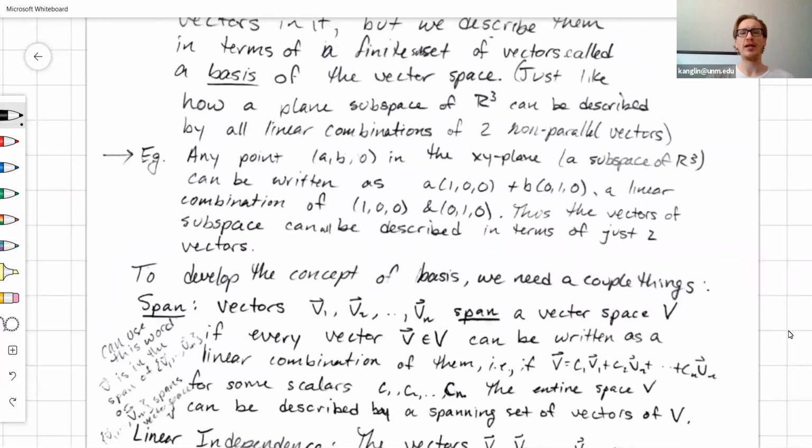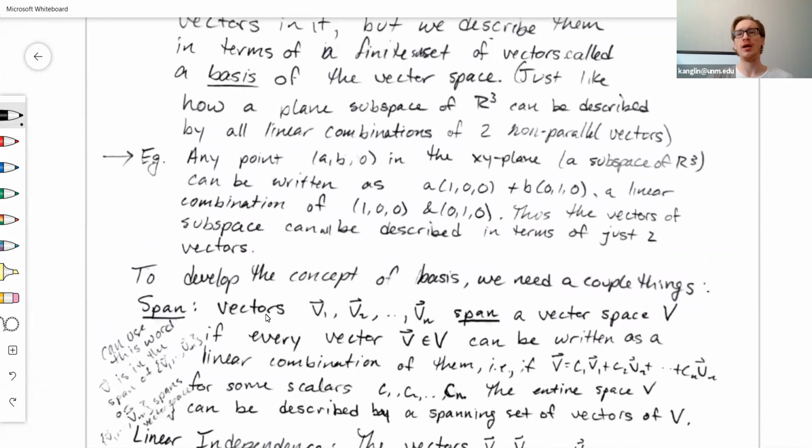Now, the idea of span here is laid out in a definition: vectors v1, v2 through vn span a vector space V. So this is like a verb here. It spans the space if every vector v in that vector space can be written as a linear combination of these v1, v2 through vn vectors.